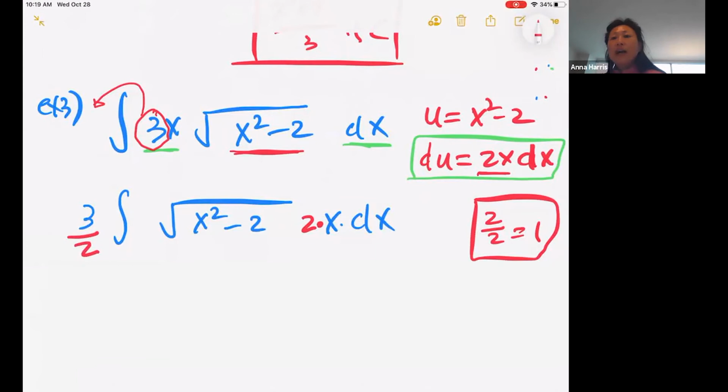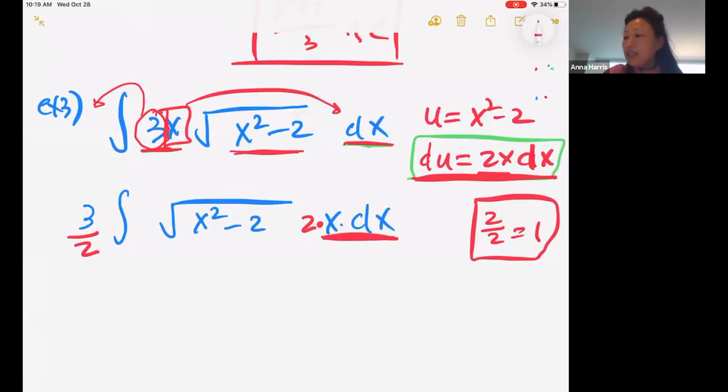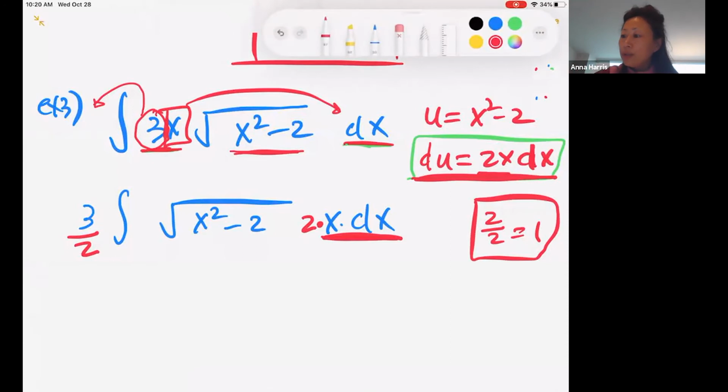Are you following me? Watch carefully again. What I need is 2x dx, but I have 3x dx. So I bring out the 3 in the front, so I don't have to worry about 3, and I just make it x dx. Then I said, okay, what I need is 2.